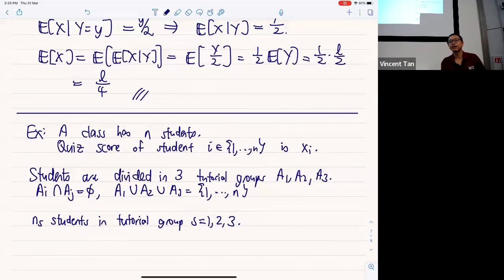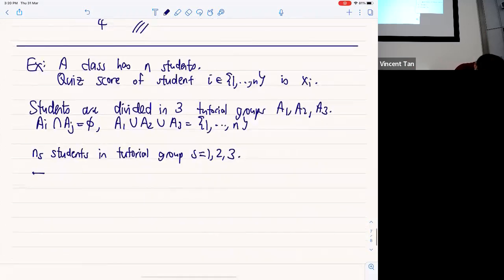For example, if the total number of students in our class is 50, then the number of students in each tutorial group cannot be the same. I cannot split the students into 3 equal groups because 50 is not a multiple of 3. So Ns students in tutorial group s, and s runs from 1 to 3. What is the sum of Ns, s running from 1 to 3? Can you tell me? This is a symbol.